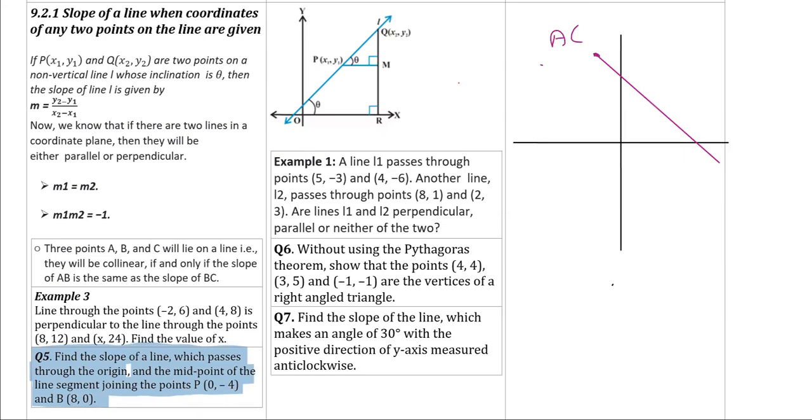Say the first point is 0, minus 4. Ignore the coordinates, since it's a rough sketch; it will not be made to scale. Now the midpoint of this line segment, let's say this is A and this is P, for example, C I took as the midpoint of this line segment.